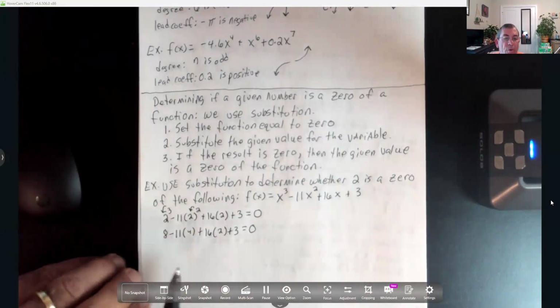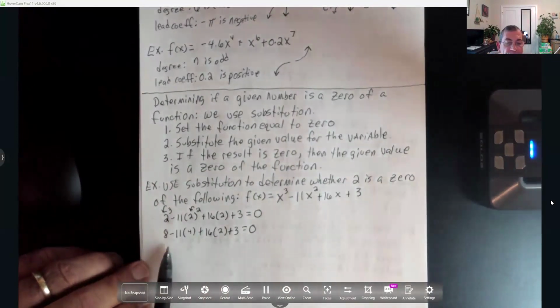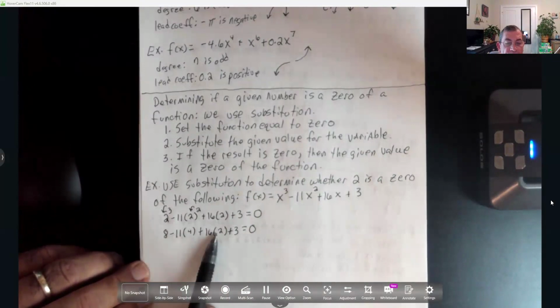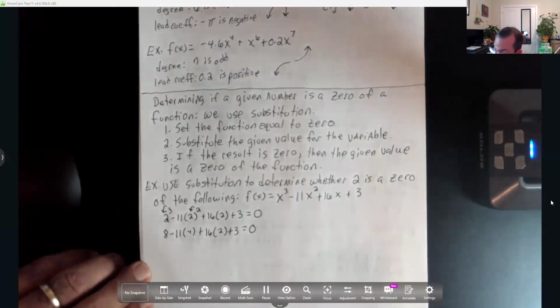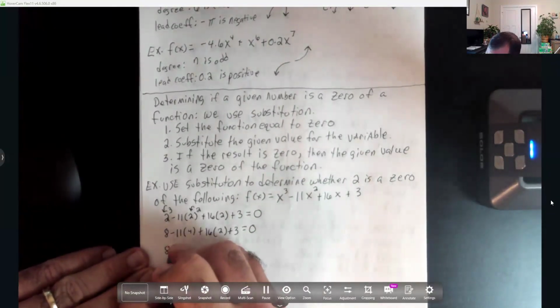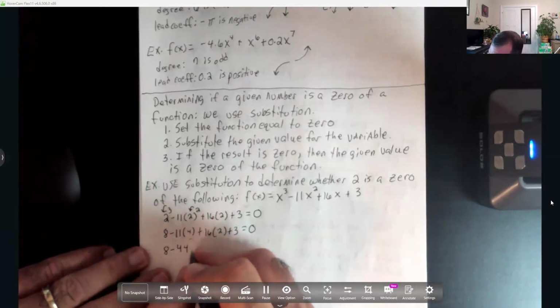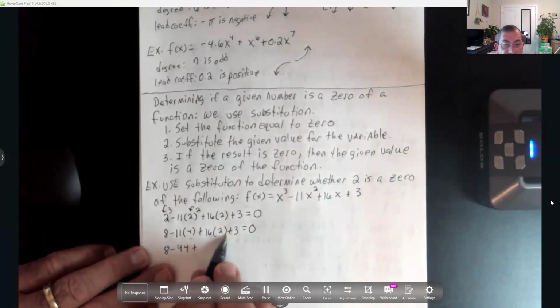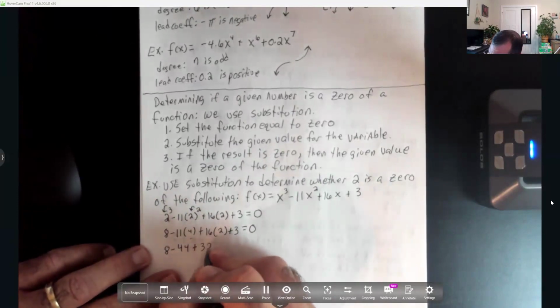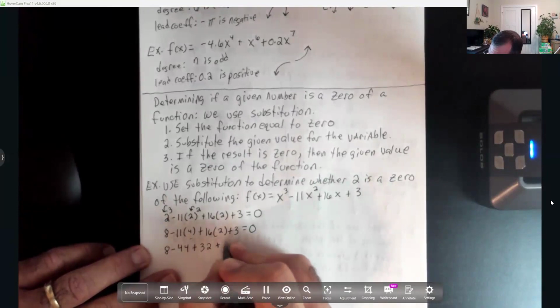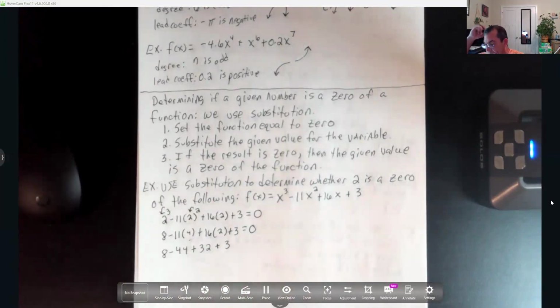So all I wanted to do on that step was the exponents, okay? Now I'm going to do the two places where I got to multiply. So I'm going to have my 8 minus 11 times 4 is 44, plus 16 times 2 is 32, and then plus my 3.